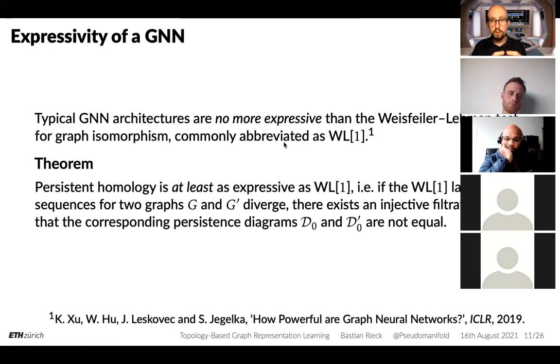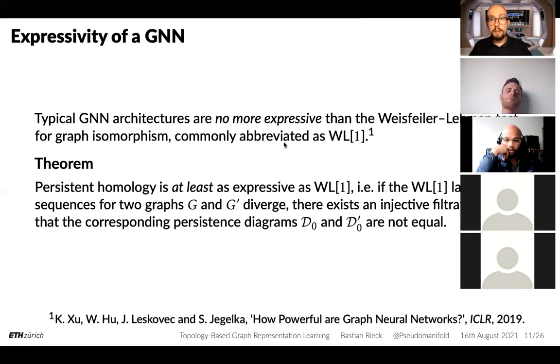It is possible to improve the expressivity in order to capture higher dimensional features or higher dimensional graph structures. But as I said, the typical GNN, so even something like a GIN or the classical GCN by Kipf et al., will not be more expressive than the WL test.